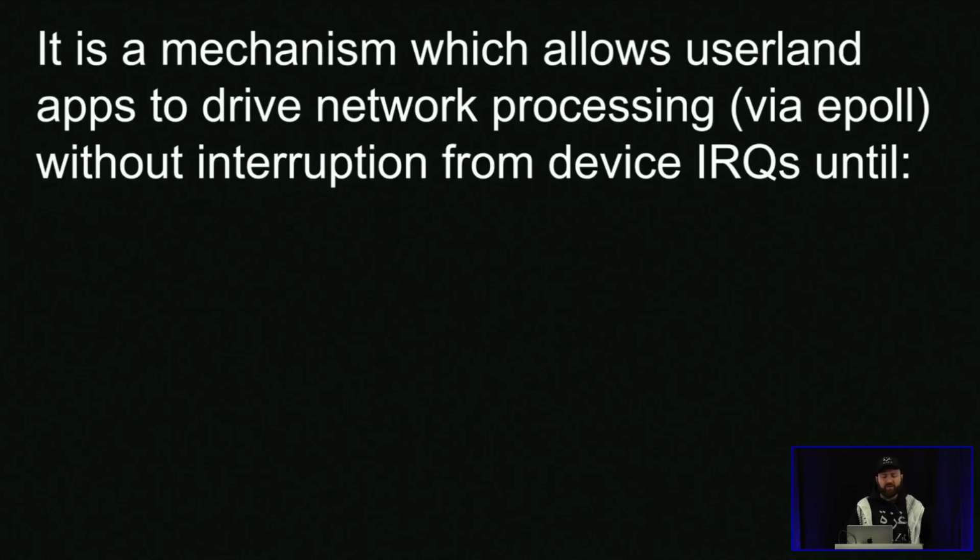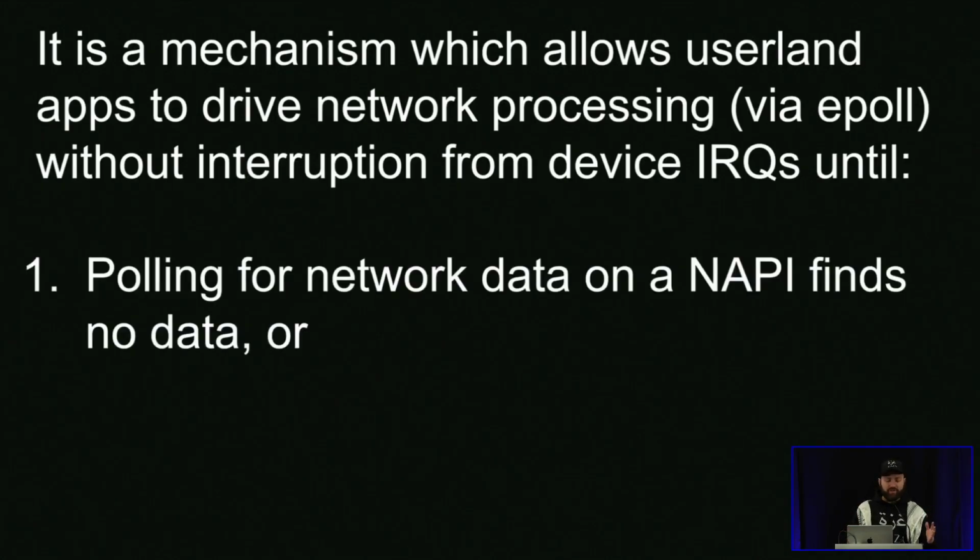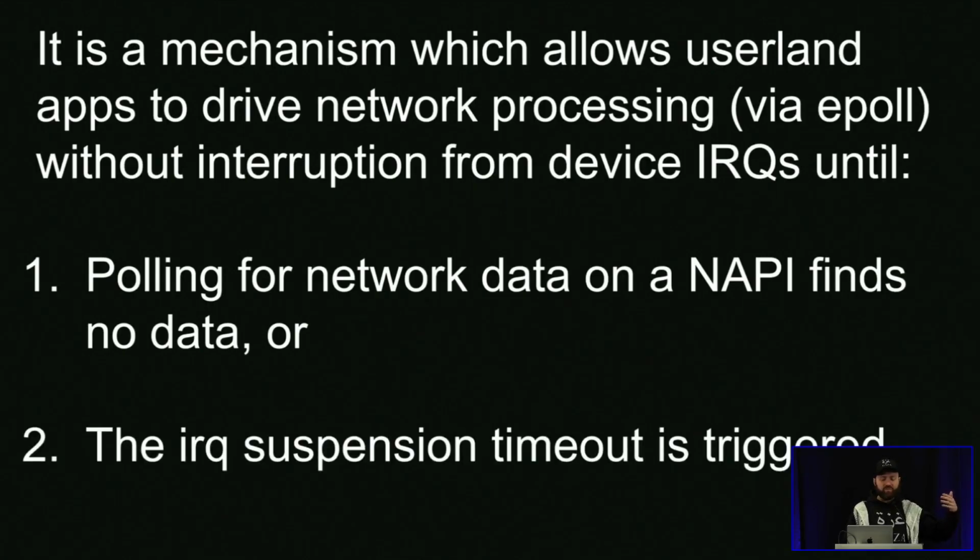But what is it? Interrupt suspension is a mechanism that allows userland apps to drive network processing via epoll without interruption from device IRQs until one of two things happen. Either, number 1, polling for network data on a NAPI finds no data, right? So interrupts will be suspended until you come up with no data, or the suspension timeout is triggered.